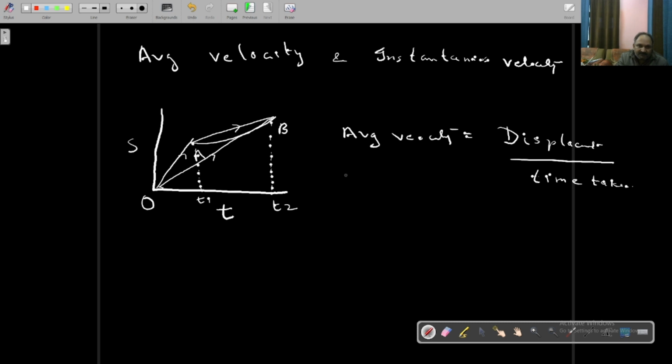Now another term comes: instantaneous velocity, the velocity at a particular instant.